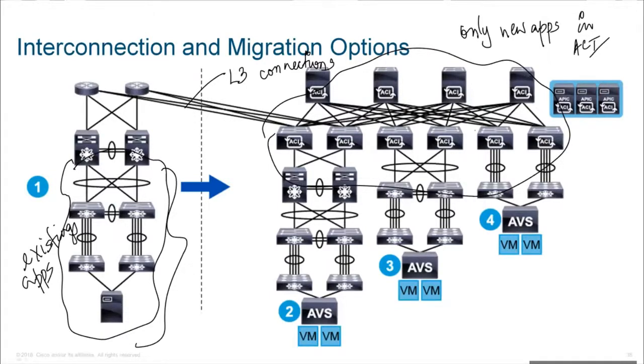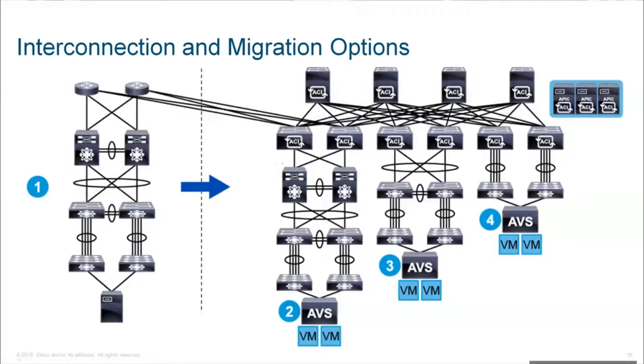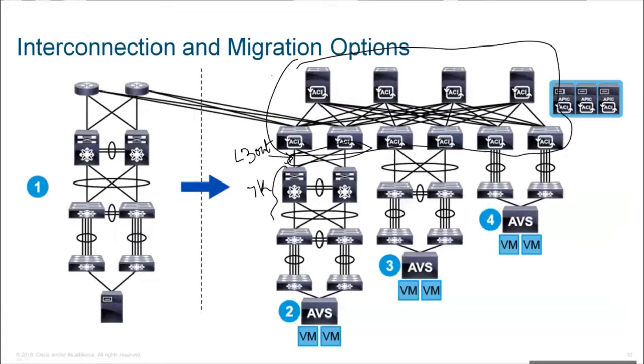Only new apps are actually subject to the policy rules of the ACI environment. The second bullet there shows they physically moved your 7K layer 3 out. This is also a layer 3 out from the fabric. That's the second design. It's pretty much the same.